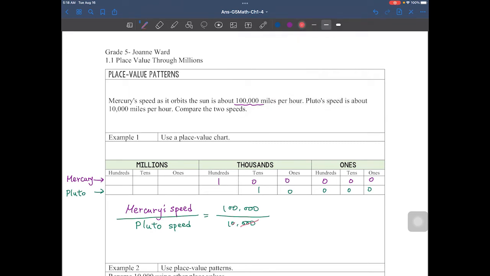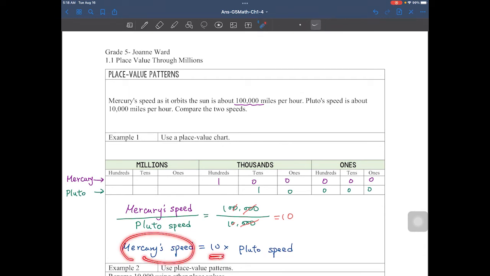I cancel out these 4 zeros. The answer is 10. So Mercury's speed equals 10 times Pluto's speed.